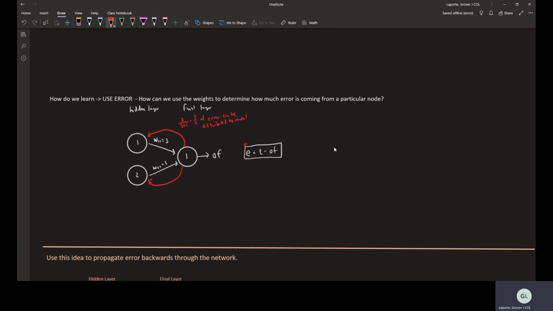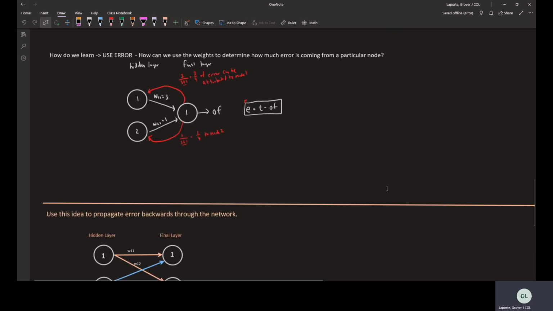And if that's 3/4, then obviously 1 over 3 plus 1 means 1/4 of the error goes to node 2. Why is that? Because of the weights. We're just going to proportion out the weights, with this normalizing constant at the bottom so the proportions add up to 1. Later on we're going to get rid of the proportion, but for right now, let's just understand that all we're doing is trying to find the proportion of error that's coming from one piece to the next.